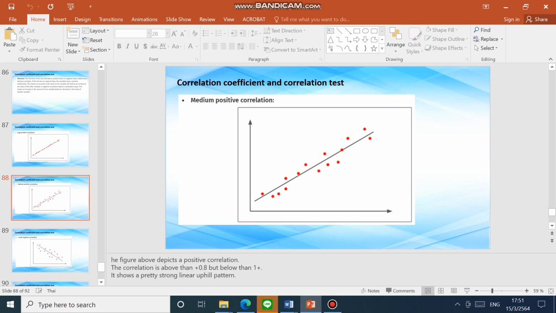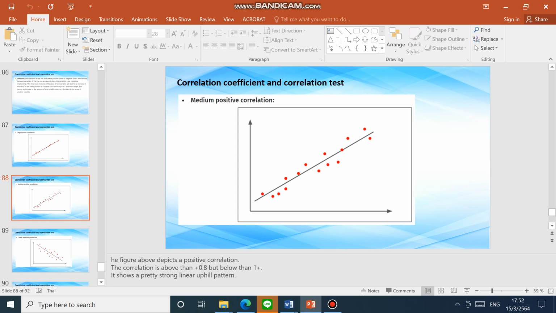What about medium positive correlation? This figure also shows positive correlation, but not 1.0. It may be 0.7, 0.8, 0.9, but still positive. It shows a pretty strong linear uphill pattern.